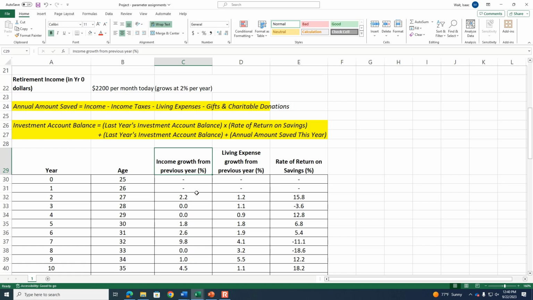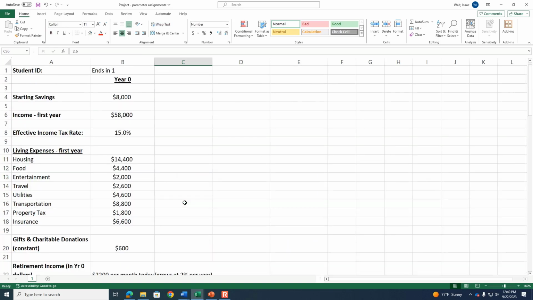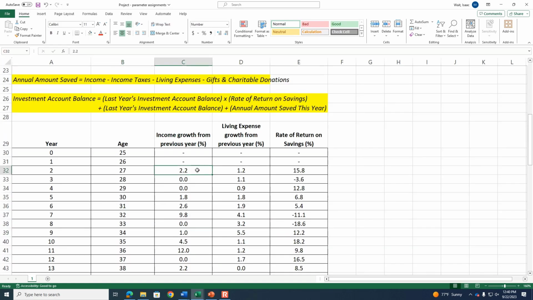It's just related to the fact that there's inflation and the employer is giving everyone an across-the-board pay increase to cover the cost of living. So that's what this column is. It's going to tell you, you start by earning $58,000 a year. That's in the first year. In the second year, you're going to earn 2.2% more than that. Okay? And then the last column here says the rate of return on savings.